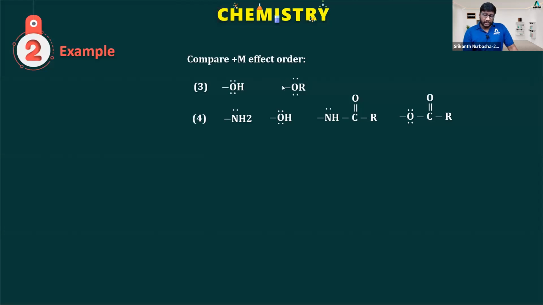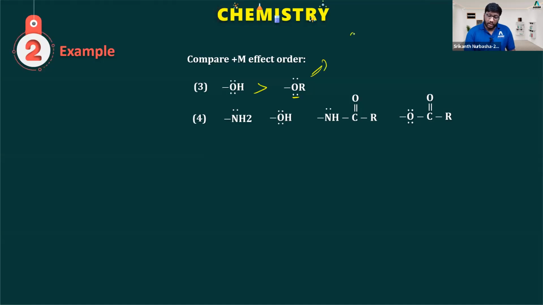Like here it is also a bulky system or not? We do not have any other hydrogens. It's not like alcohol. So here, based on the bond angle concept, we can say this oxygen is more electronegative when compared to this oxygen. Which oxygen is more electronegative? The oxygen in OR is more electronegative when compared to the oxygen in OH. So in that case, we can say the more electronegative oxygen cannot donate. So OH will be a better donor group.